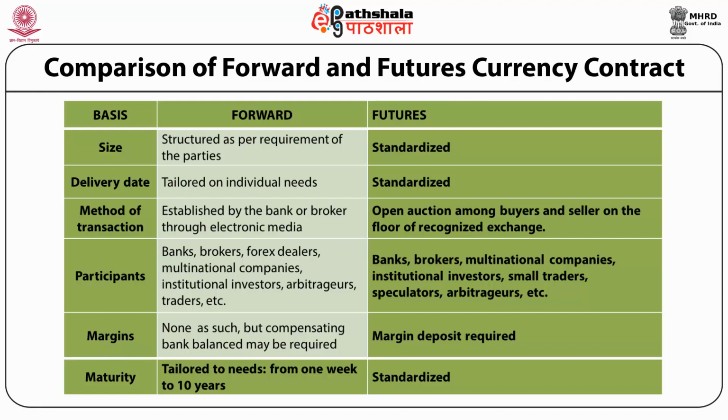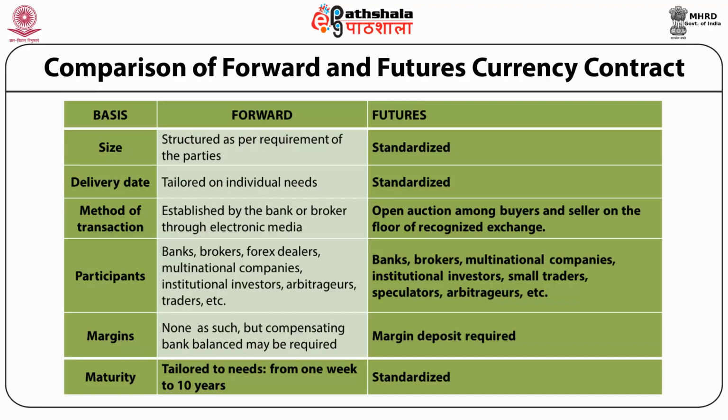On the basis of size, forward contracts are structured as per the requirement of the parties and futures contracts are standardized. On the basis of the delivery date, forward contracts are tailored on the basis of individual needs, whereas futures currency contracts are again standardized.